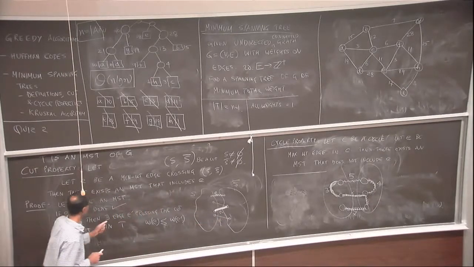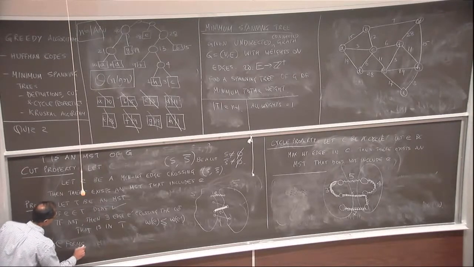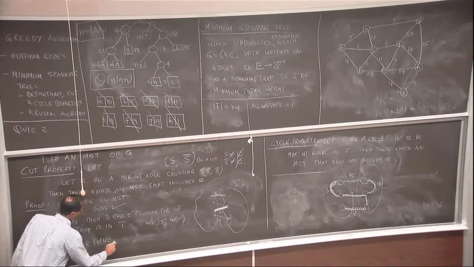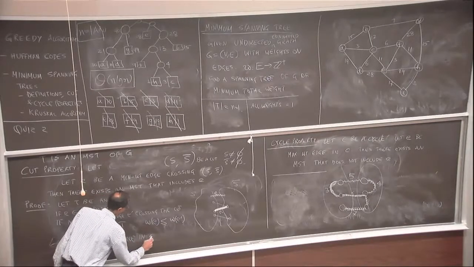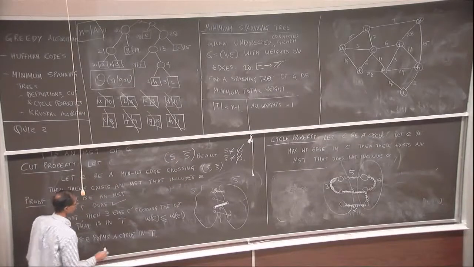Okay? So adding E will form a cycle in T. Let's call the cycle C.